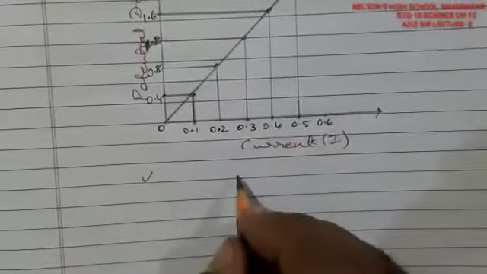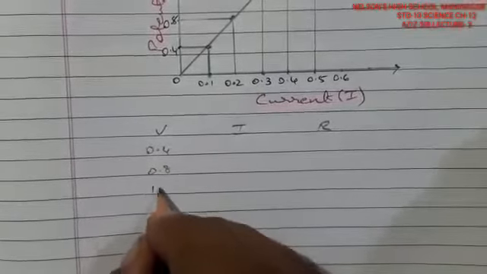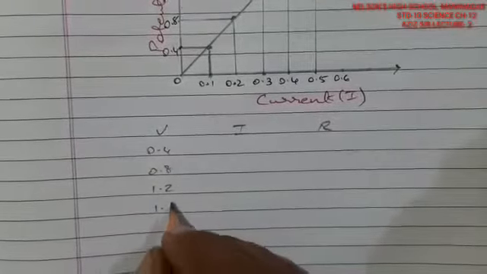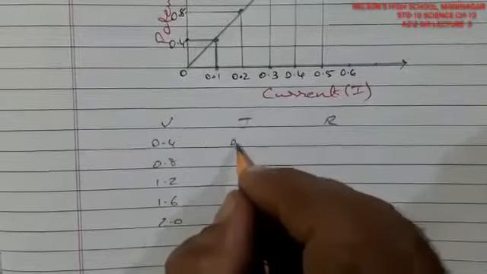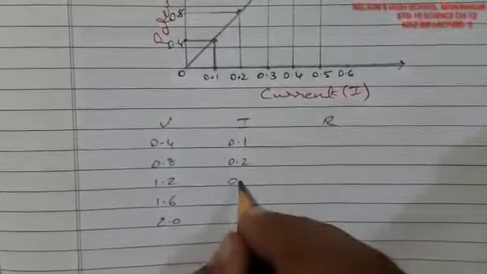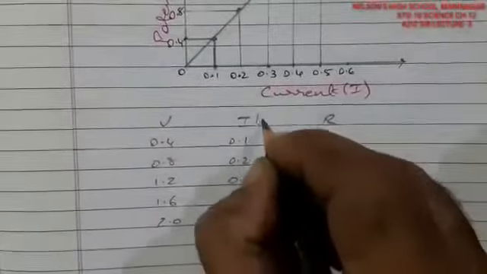So the voltage is 0.4, 0.8, 1.2, 1.6 and 2.0. The current is 0.1, 0.2, 0.3, 0.4 and 0.5. This was in ampere and this was in volts.